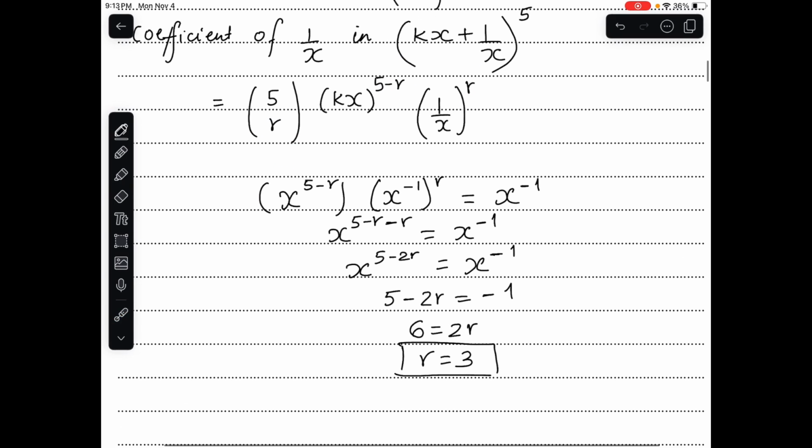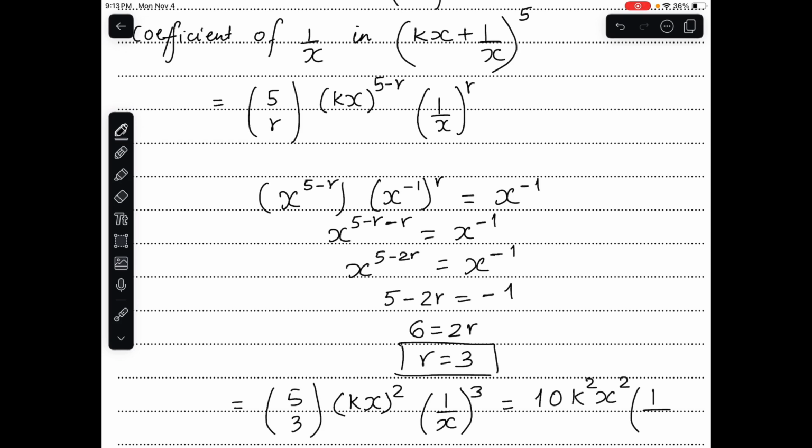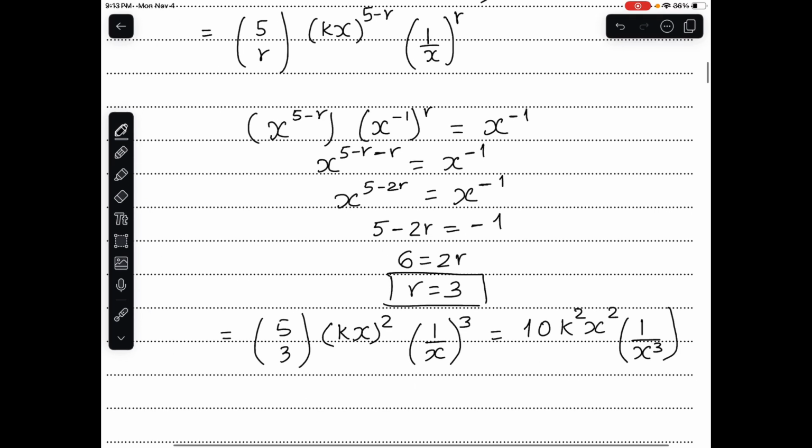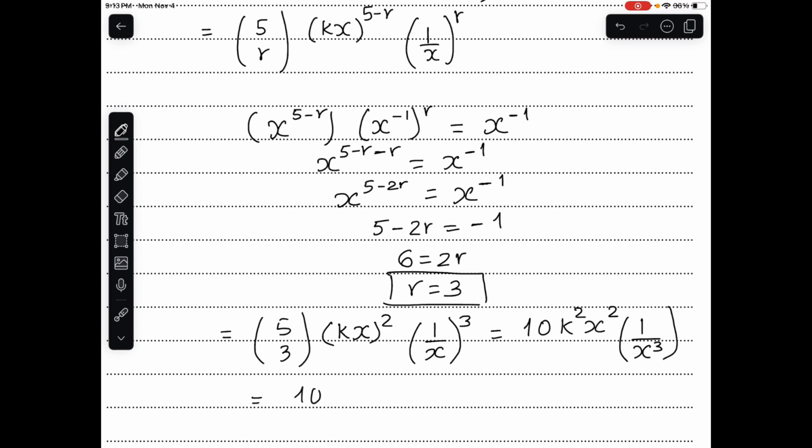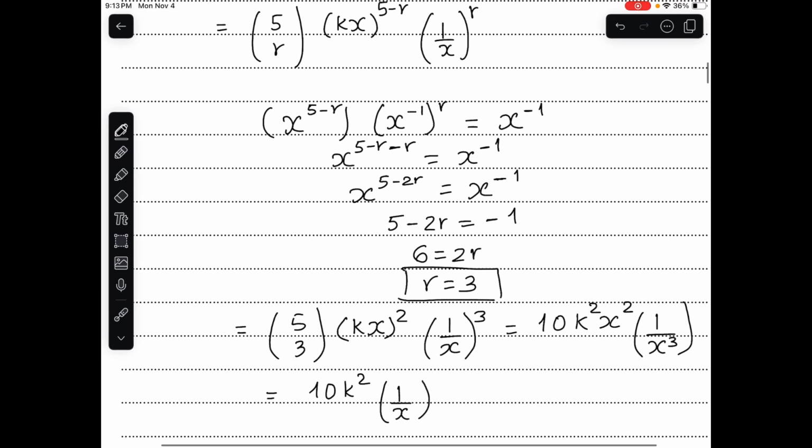So we get 5C3 (kx)^(5 minus 3), which is 2, (1/x)^3, and 5C3 is equal to 10 k square x square times 1 over x cube, which simplifies to 10 k square times 1 over x. So this is your coefficient of 1 over x in the first expansion.